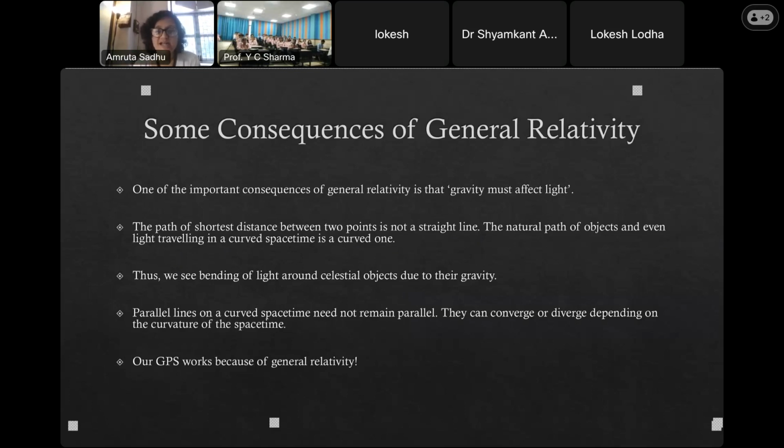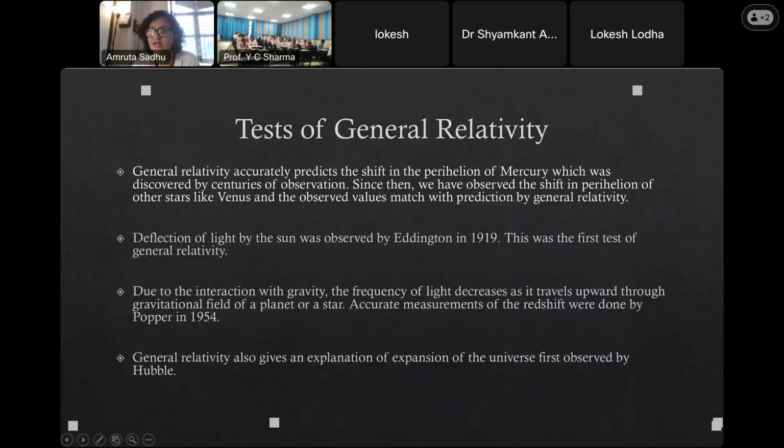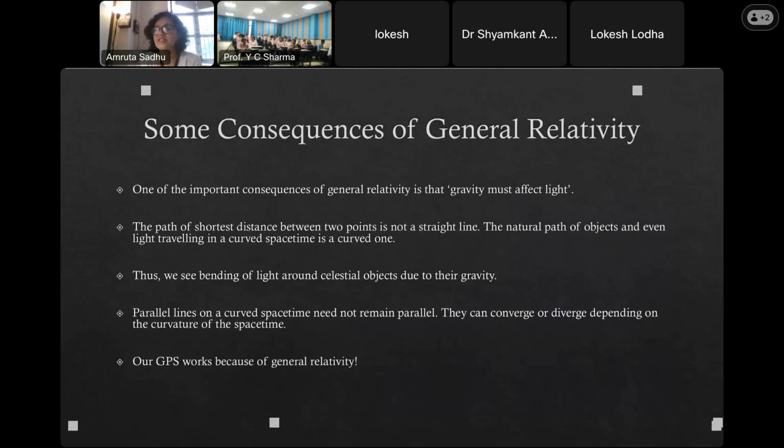What does that mean? That means that if there is a star behind our sun, because the light that is coming from that star bends around the sun, we will be able to see that star even if it is behind the sun.